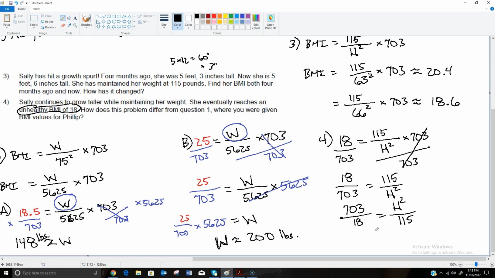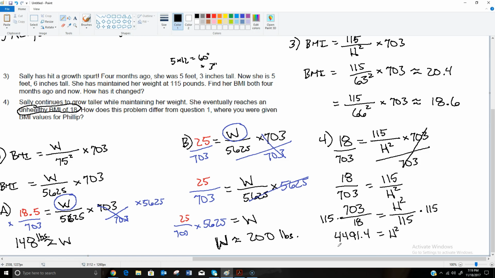What I can do then is multiply by 115. 115 times 703 divided by 18 comes out to be 4,491.4. If I round it to one decimal place, that's h squared.